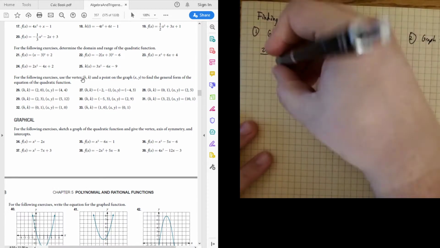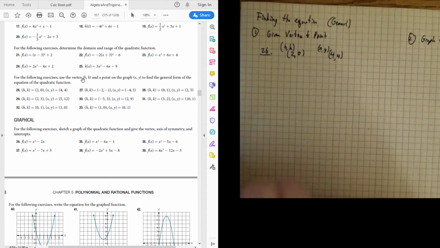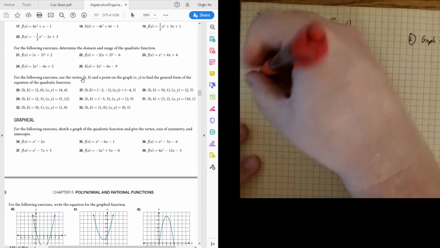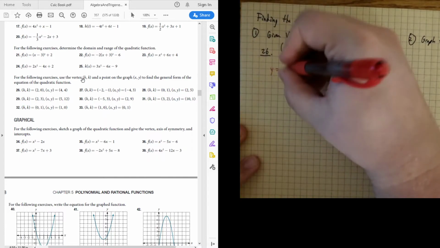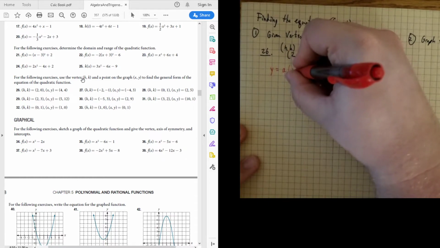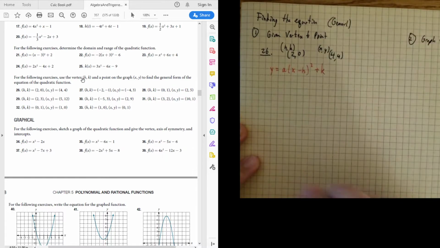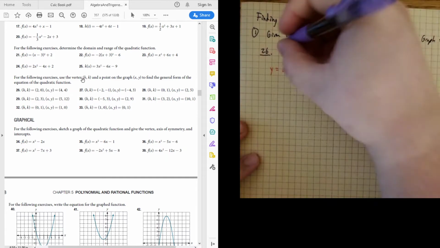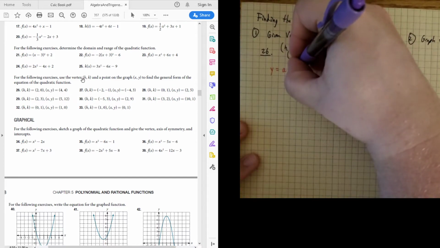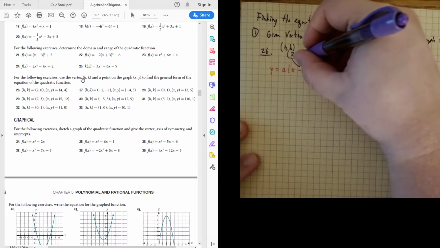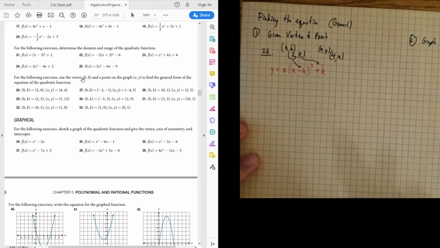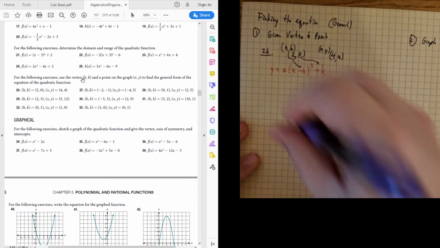So to do this, I'm going to use my first equation, which is y equals a(x minus h) squared plus k. So how do I do that? Well, everywhere I can plug in, I am going to plug in. I know what h is. H is 2. I know what k is. K is 0. So let's try this out.